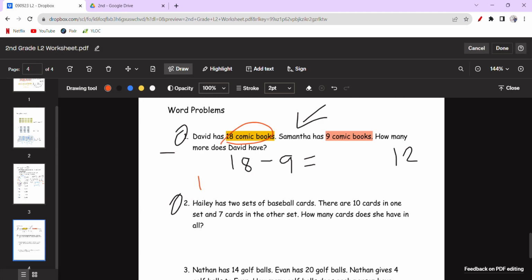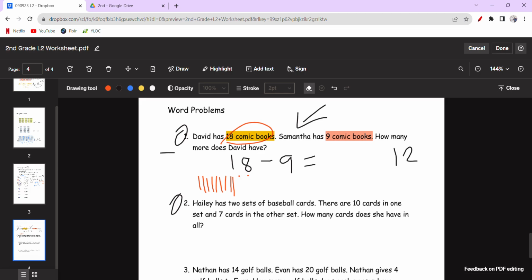Let's draw out 18 sticks. 1, 2, 3, 4, 5, 6, 7, 8, 9, 10, 11, 12, 13, 14, 15, 16, 17, 18. And then we're going to take away 9, okay? Let's erase 9. 1, 2, 3, 4, 5, 6, 7, 8, 9.